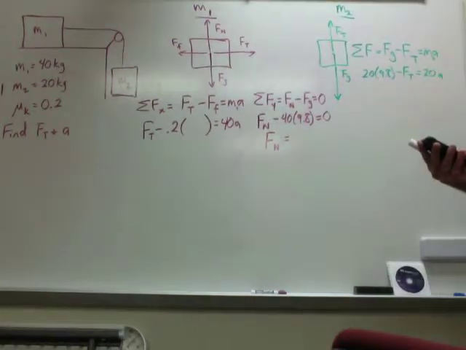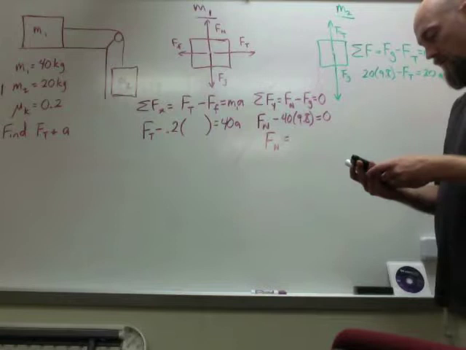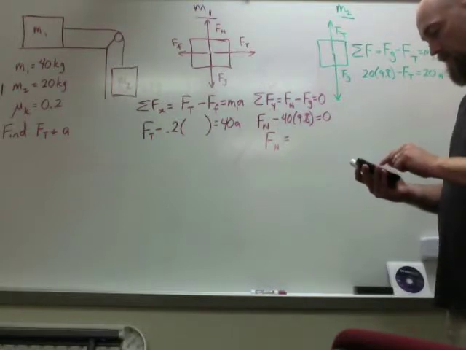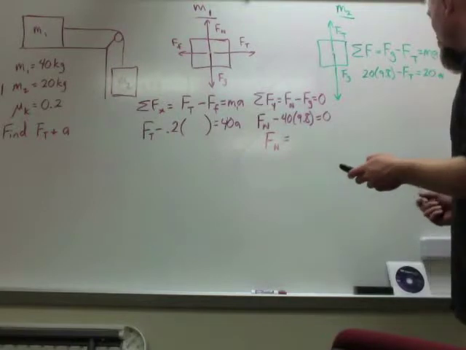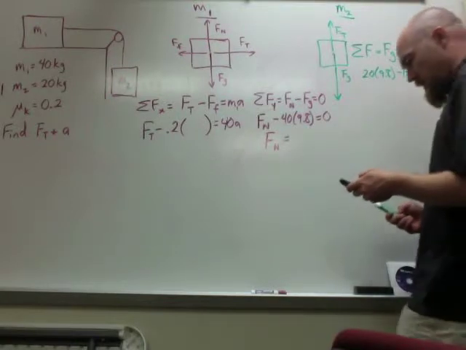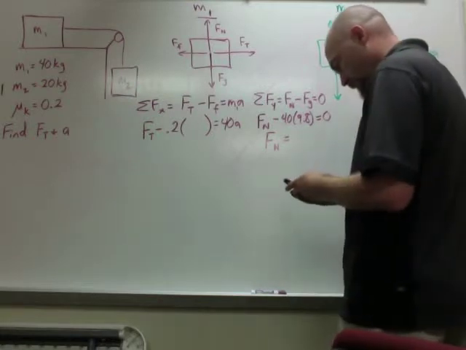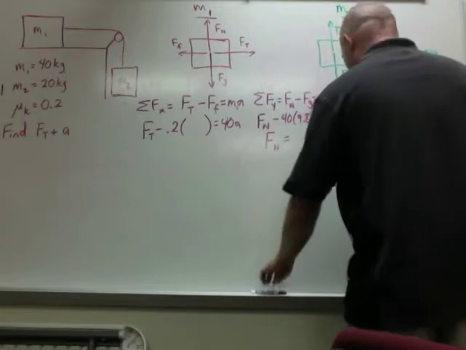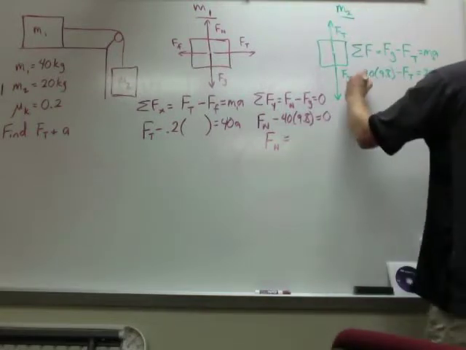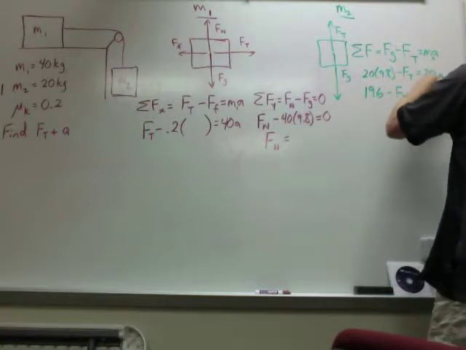So let me real quick do the math here. This one I'm not going to pause because I should actually be able to do it on my phone. All right, phone, let's work here. 20 times 9.8 is going to be 196, I believe. Let me just double check. Yep, 196. So this is going to be 196 minus Ft equals 20A.